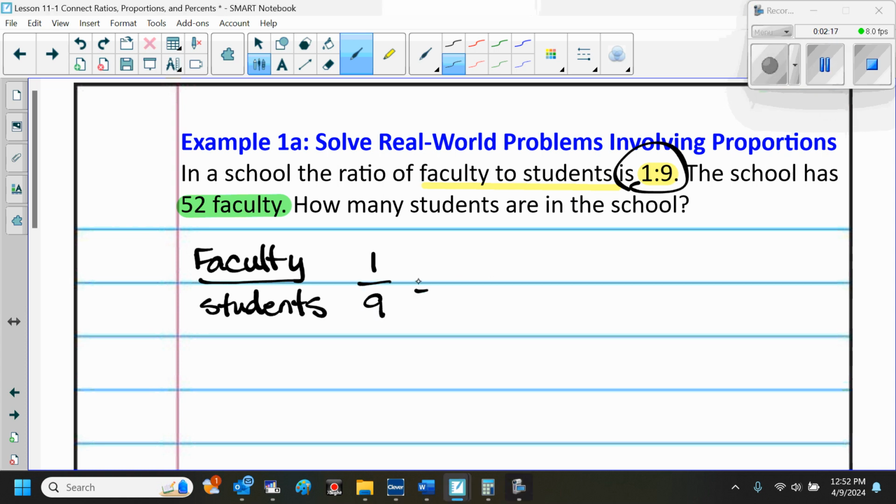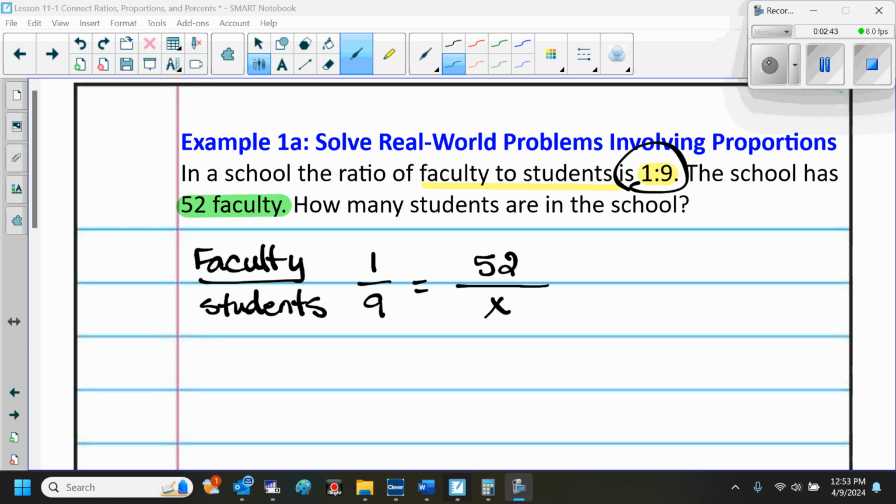Now this is equal to another ratio, and it has to be faculty to students on this side too. The problem tells us that we have 52 faculty. Where's that 52 going to go? On the top. Very good. So we've got 52 up here, and we're going to solve for how many students are in the school.